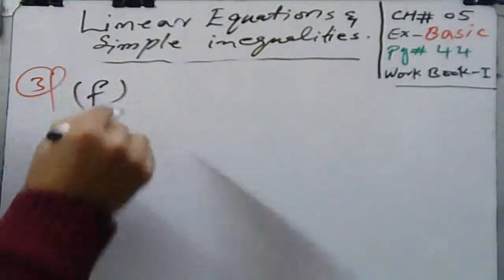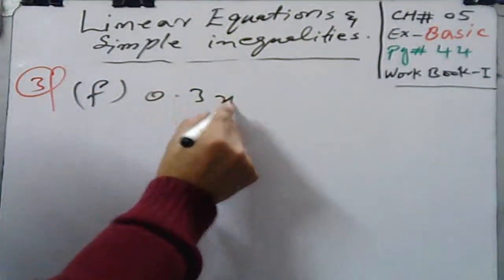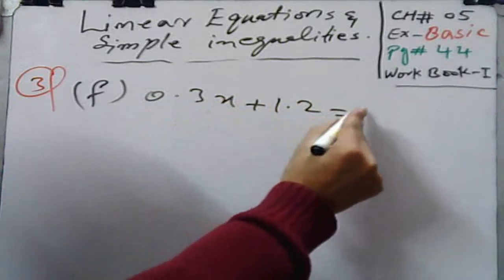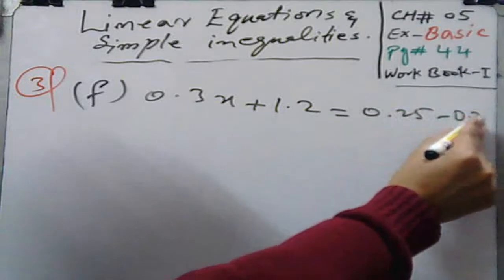In part F, 0.3x plus 1.2 is equal to 0.25 minus 0.2x.